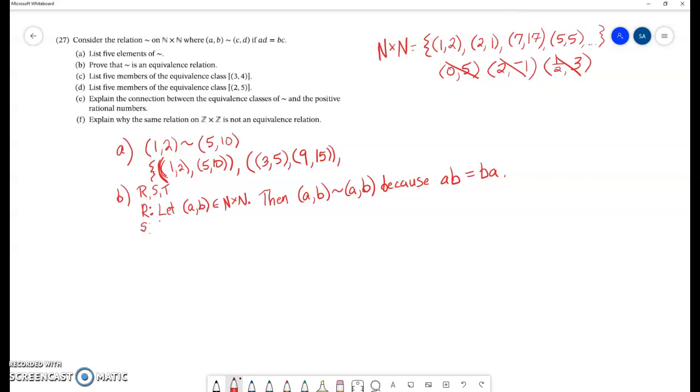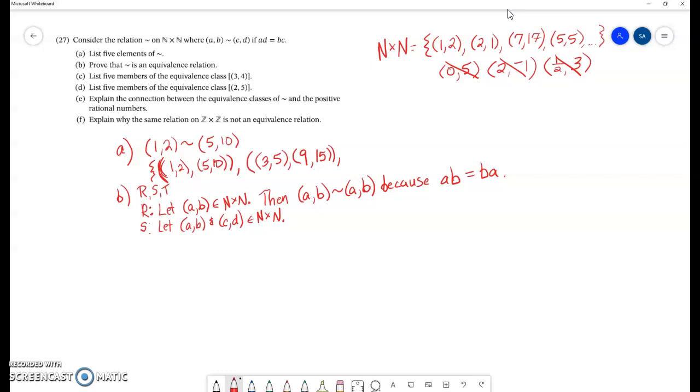Now symmetric, we're going to have to choose 2 arbitrary points. Let (a, b) and (c, d) exist in N cross N. For reflexive, you always choose 1 arbitrary point from your set. For symmetric, you choose 2, and for transitive, you're going to have 3, such that the first relates to the second relates to the first.